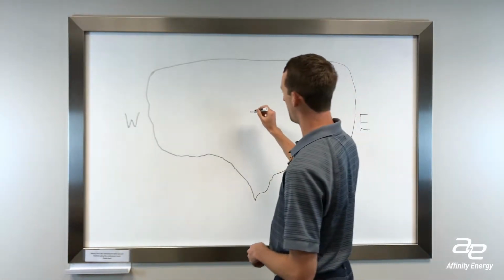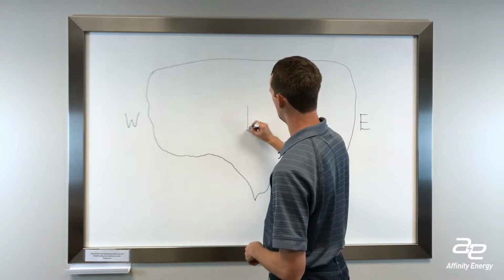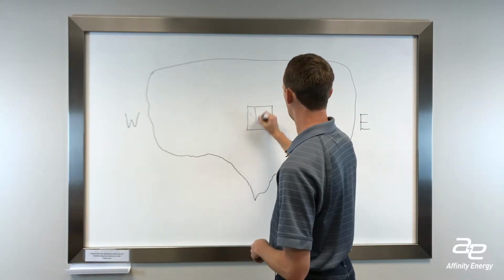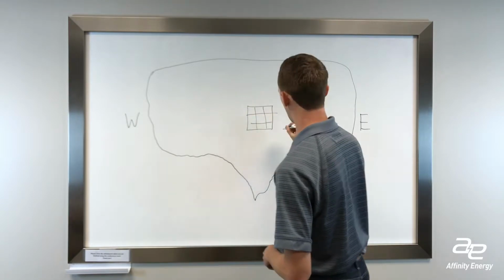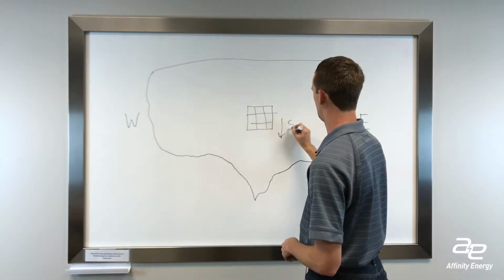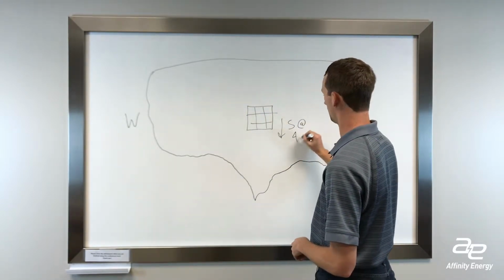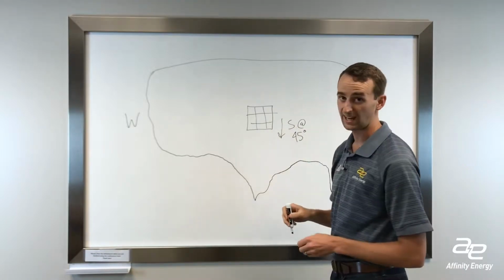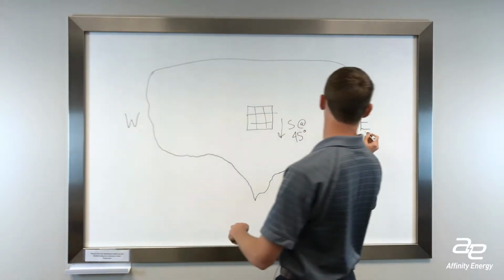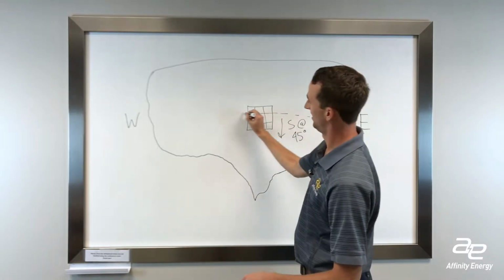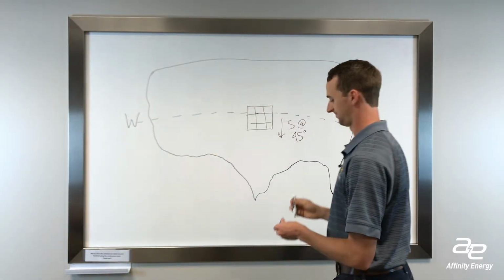So you really want your panel, say this is your solar panel right here, to be facing south at 45 degrees for max sun, because the sun is going to rise this way and set over here.